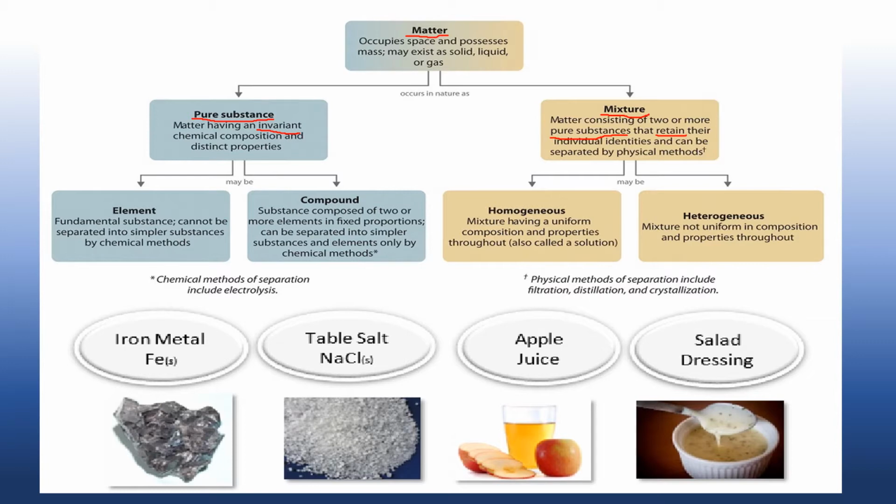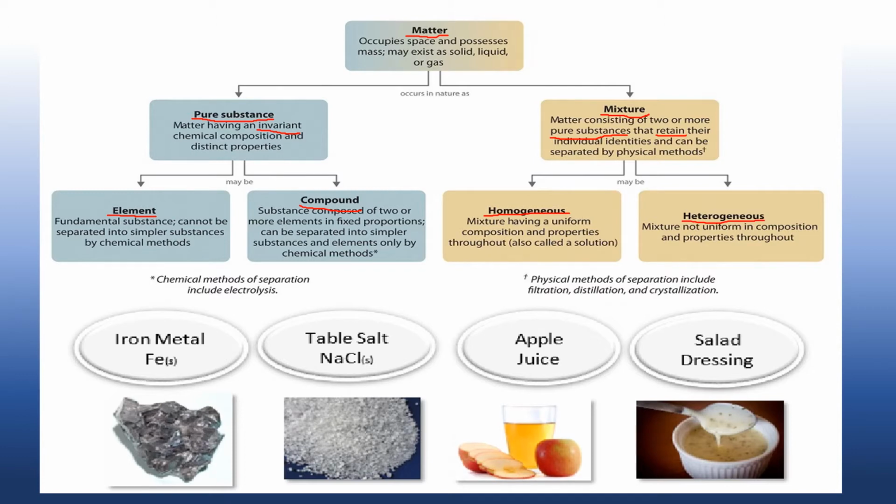Now, pure substances can be further divided into elements and compounds. The main difference between the two is that elements are made up of a single kind of atom, while a compound can be made up of two or more elements in fixed proportions. Now, mixtures can be divided or grouped as homogeneous and heterogeneous.